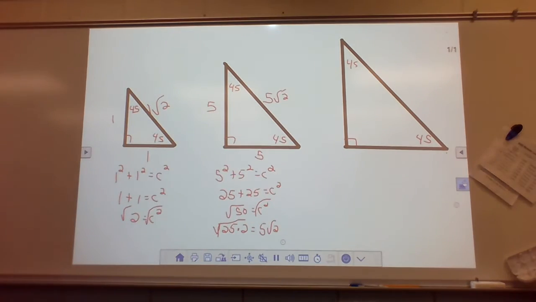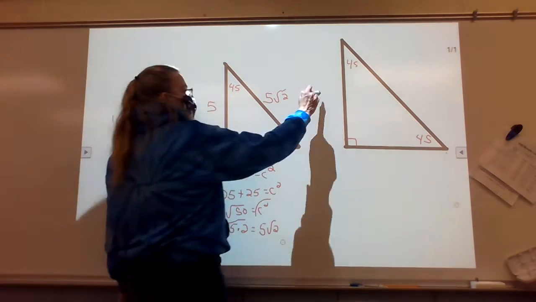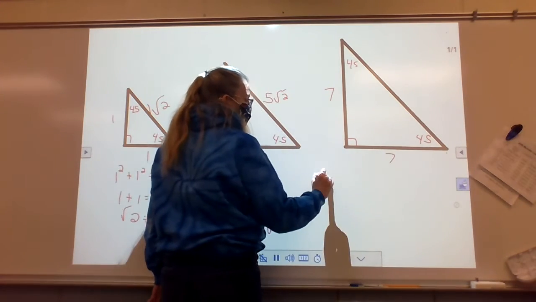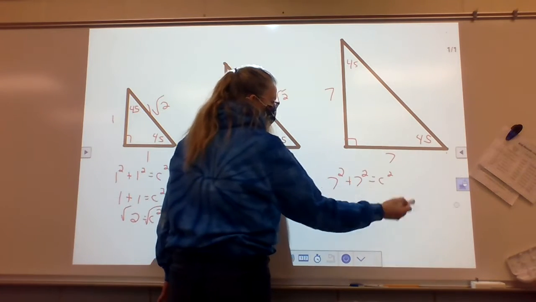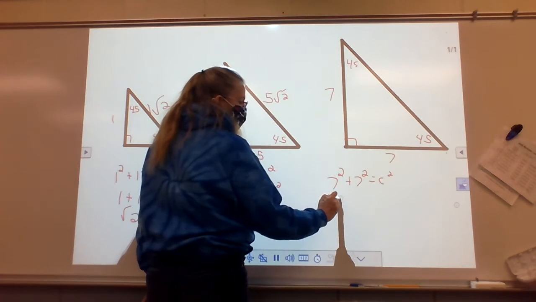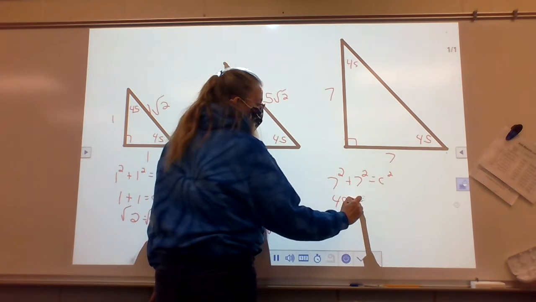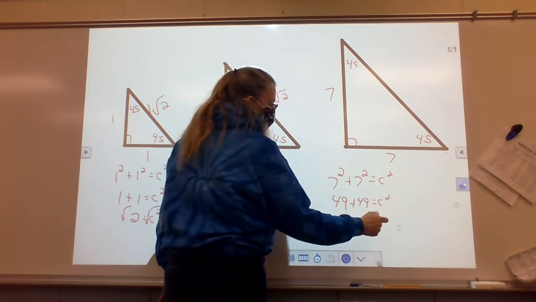And we're going to do this one more time just to see if it kind of still holds true. So somebody give me a number to try. Don't get too crazy. 7. So let's do 7. 7 squared plus 7 squared equals C squared. 49 plus 49 equals C squared.